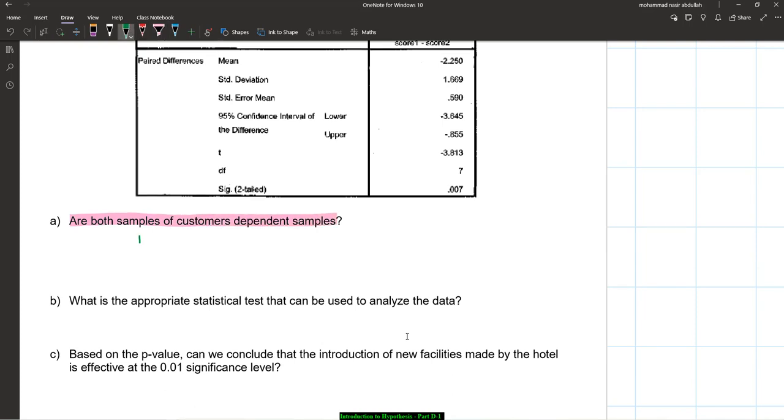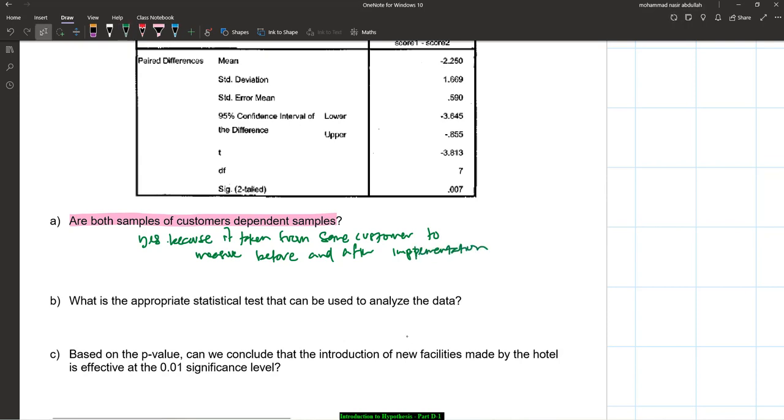So we can say yes, because it is taken from the same customer to measure before and after implementation of internet facility, right? So what is the appropriate statistical test that can be used to analyze the data?